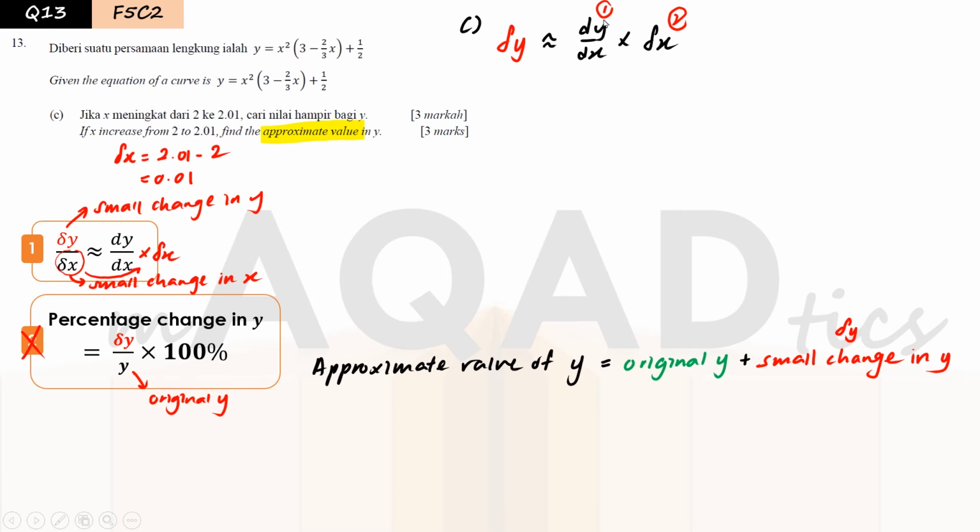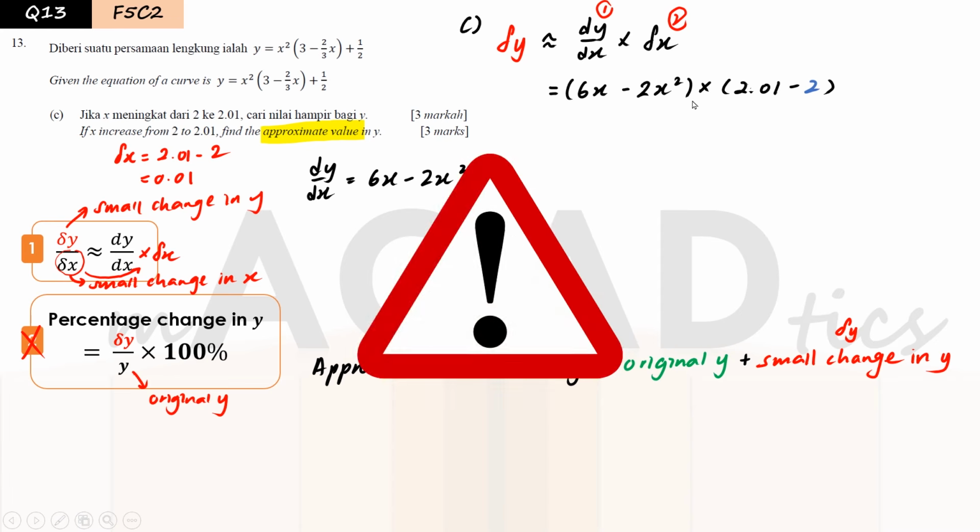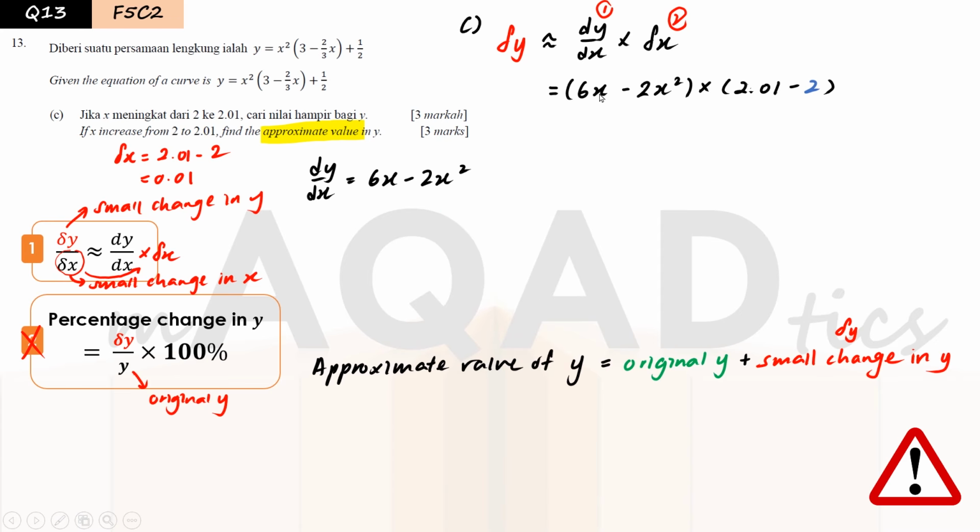For dy over dx, we already found it in part A and part B just now, which is this result. So let us substitute this result into here. And we have also found delta x, which is 2.01 minus 2. But if you see here, there is an unknown x. And as we know, delta y, the small change in y, cannot have unknowns inside. It must be a value.